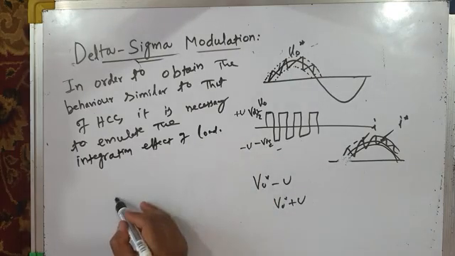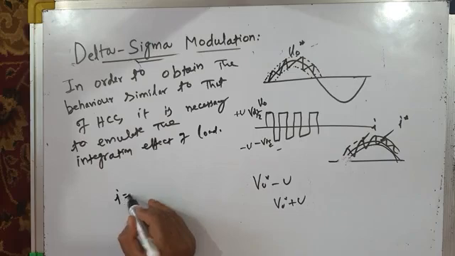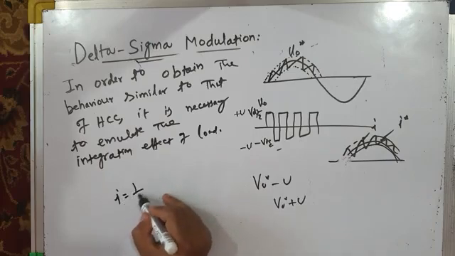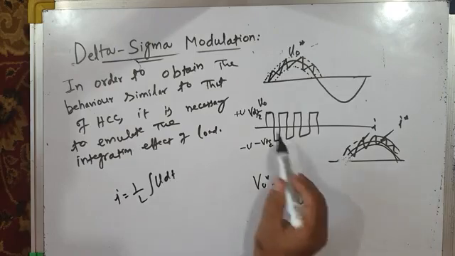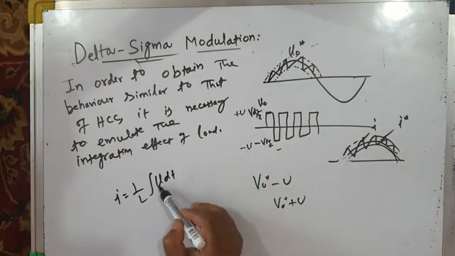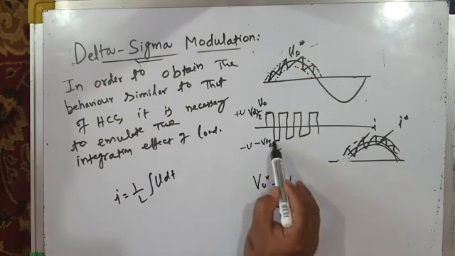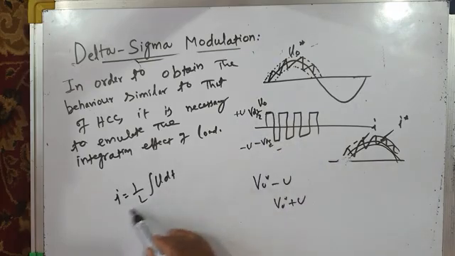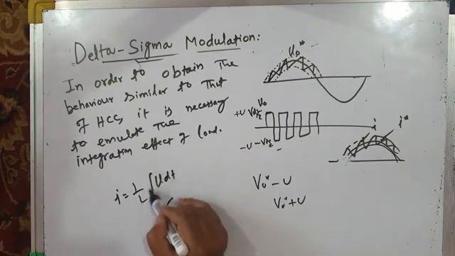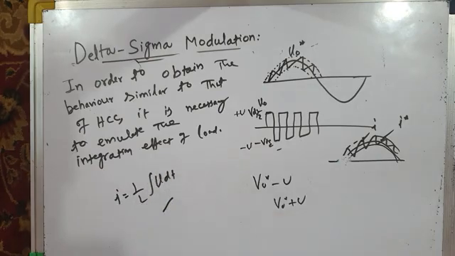Just a few moments back, you have seen in hysteresis current control, the load current is given by 1 by L integration V dt. At any instant of time, the voltage across the load inductance is either plus VDC by 2 or minus VDC by 2. When it is plus VDC by 2, you integrate your current, 1 by L integration VDC by 2 dt, and it rises.